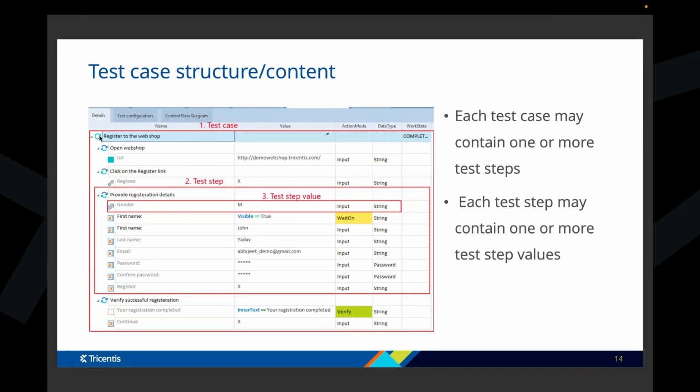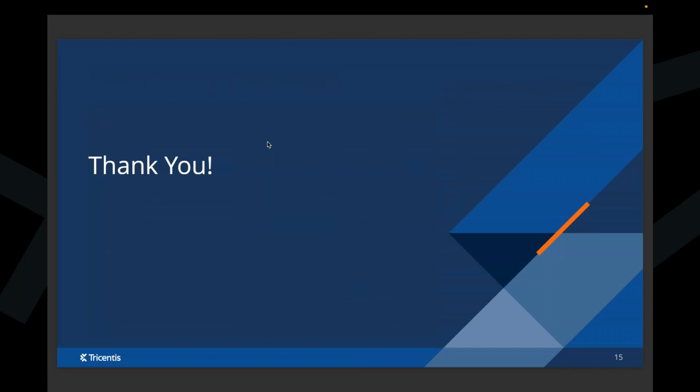Suppose you have a test case registering to a web shop and now you are going to follow some steps. That will be in this format, with a double arrow mark in a circle. Then you'll have a test step value where you can define a value. We will look into this, but since this was pending, I'm showing you.